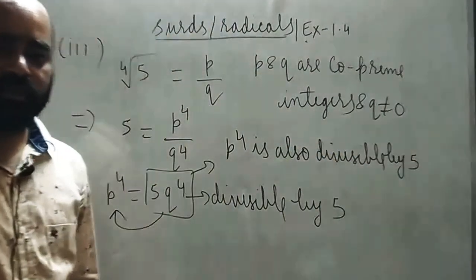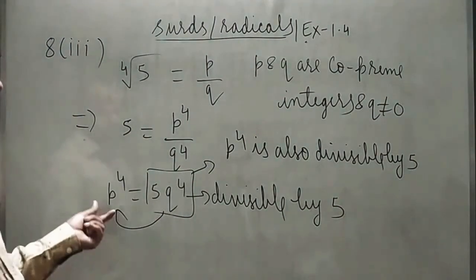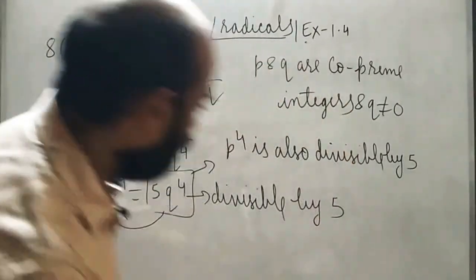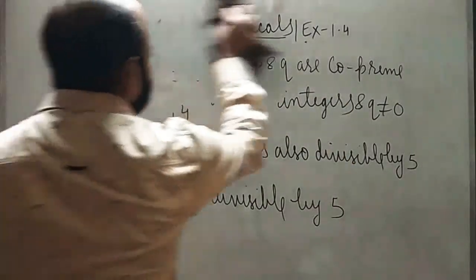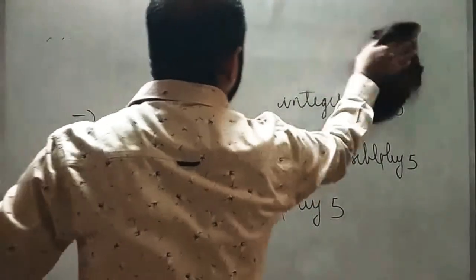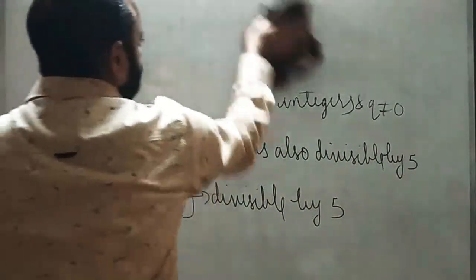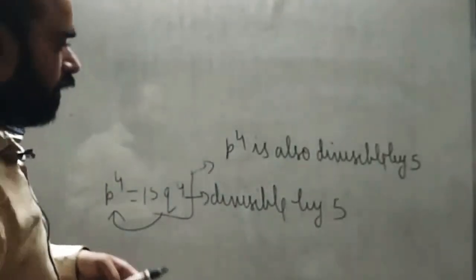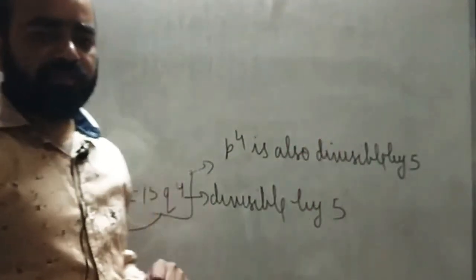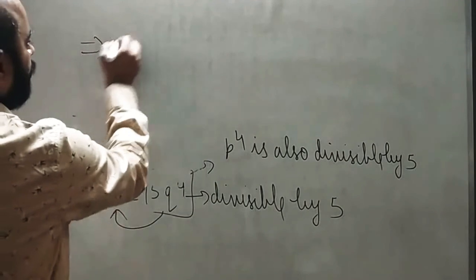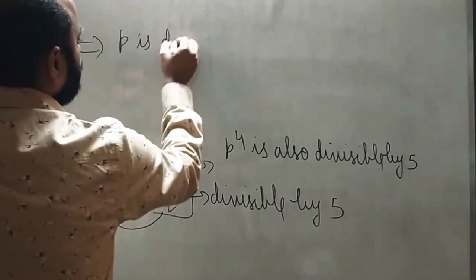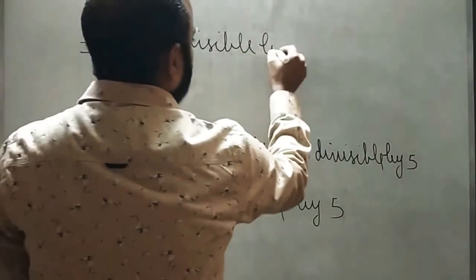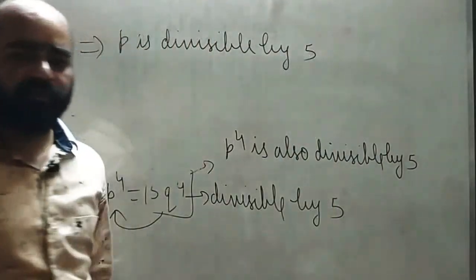It means p to the power 4 is also divisible by 5, clear? Now we have studied some theorems. So if p to the power 4 is divisible by 5, then p is divisible by 5, correct? We have studied the theorem.